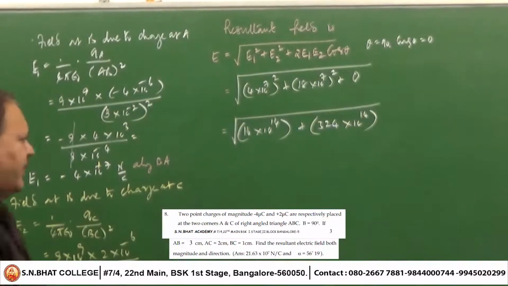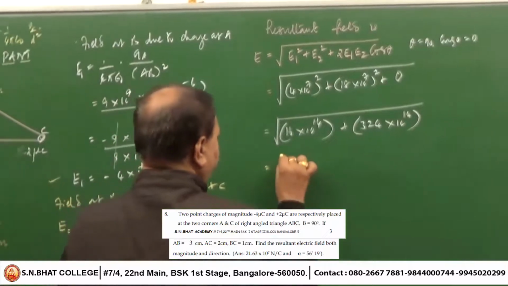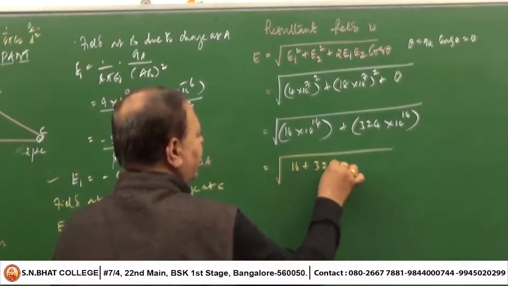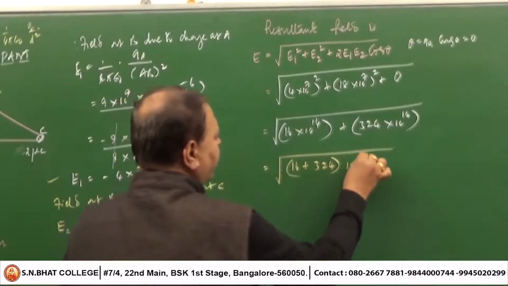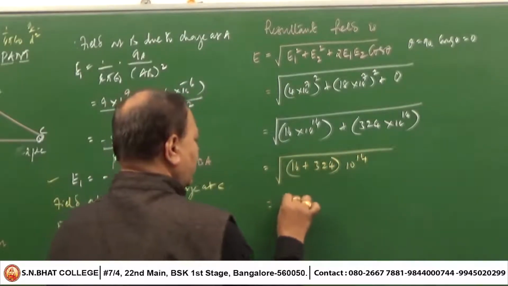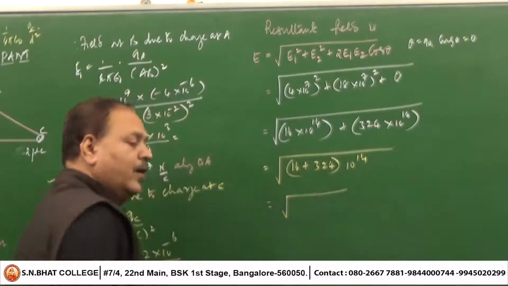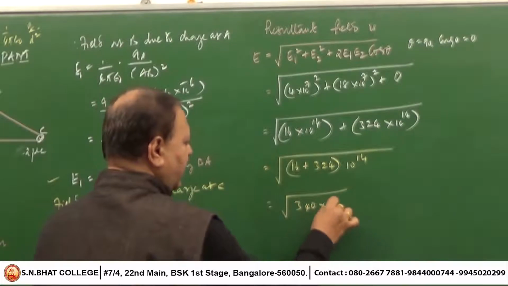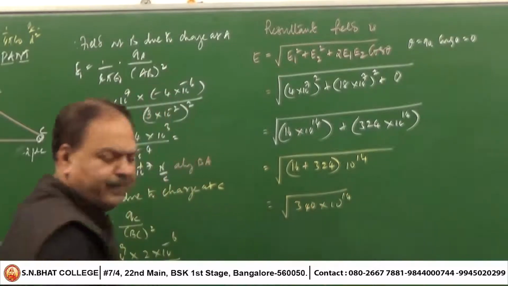You take 10 to the power of 14 as a common factor, and therefore 16 plus 324 into 10 to the power of 14, that comes out to be root of 340 into 10 to the power of 14.